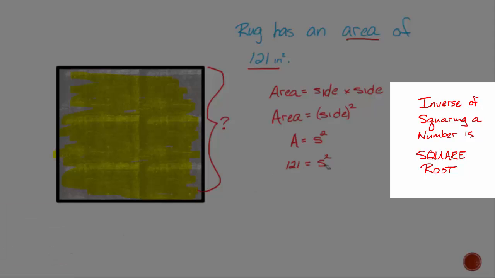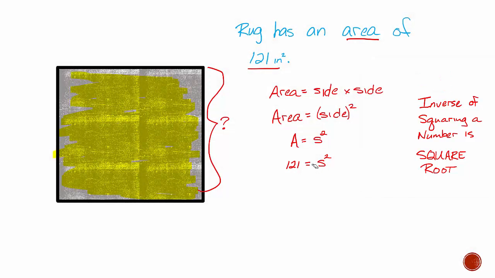Well, if I need to find just one side, I have side squared. So if I undo the square by square root, then we can find that the side is equal to the square root of 121, and the square root of 121 is 11. So therefore, one side measure is 11 inches. So this side is 11 inches long.